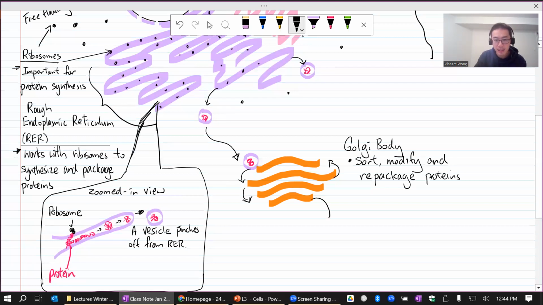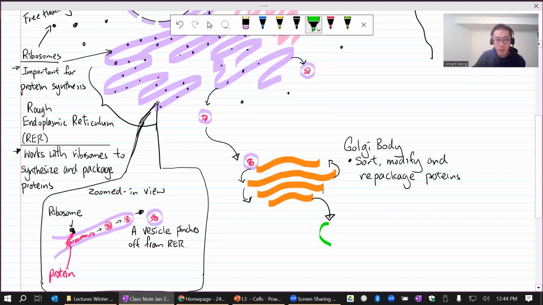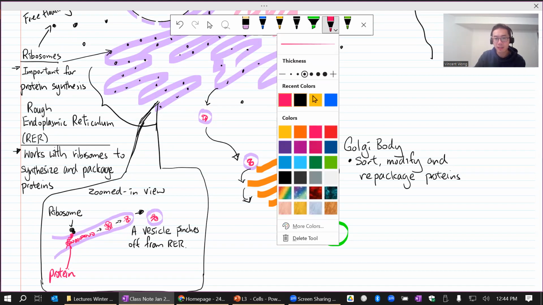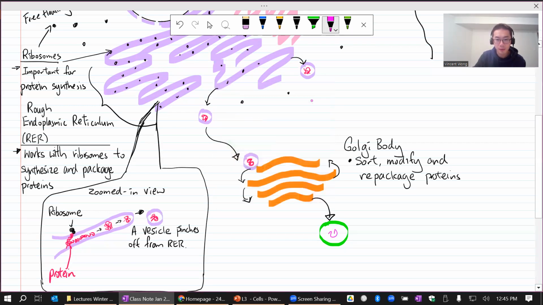And in the end, you're going to repackage it into a new vesicle. Okay, and the protein inside is going to be a little bit modified. So let me try to find a different color. Oops, there we go. Right, so this is like a repackaged vesicle. It's the same protein as before, but they made some modifications to it.